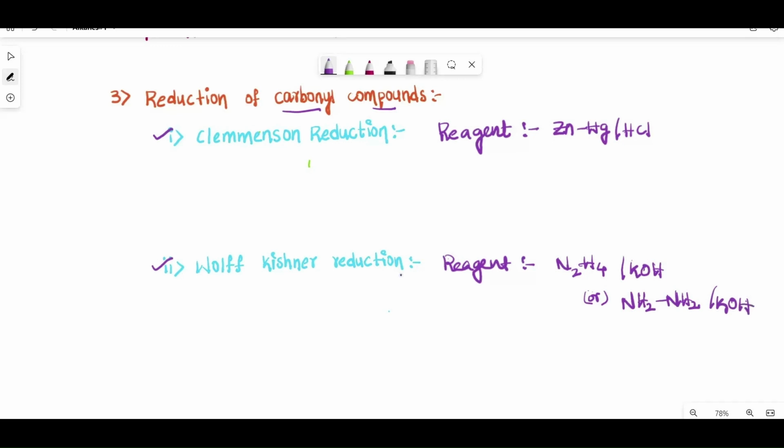Clemmensen reduction is in the presence of acid. The Wolff-Kishner reduction is in the presence of base. So Clemmensen reaction is acid sensitive. Means if the molecule contains any acid sensitive group, then we need to take this Wolff-Kishner reduction. Let's see one example for Clemmensen reduction.